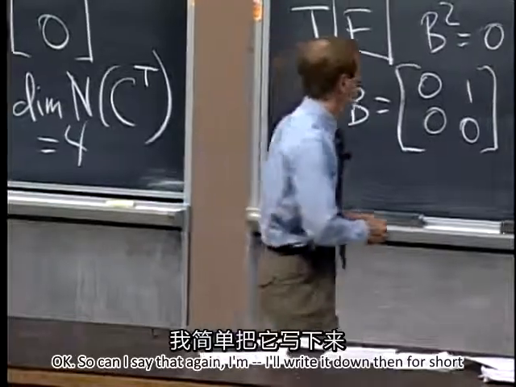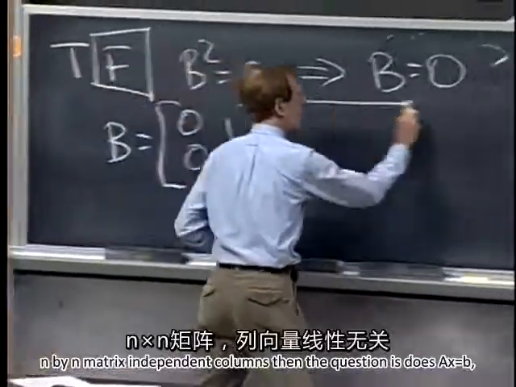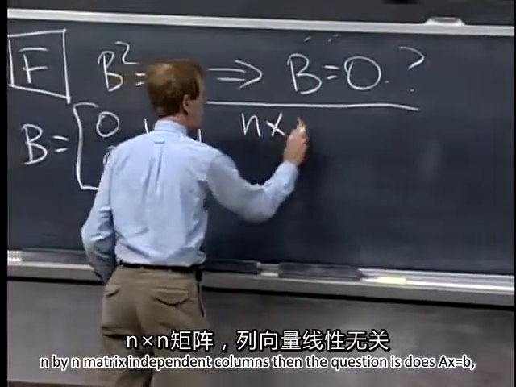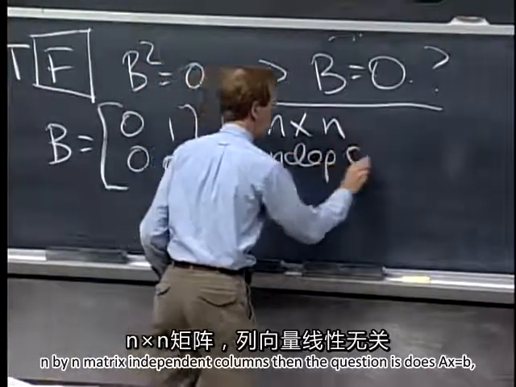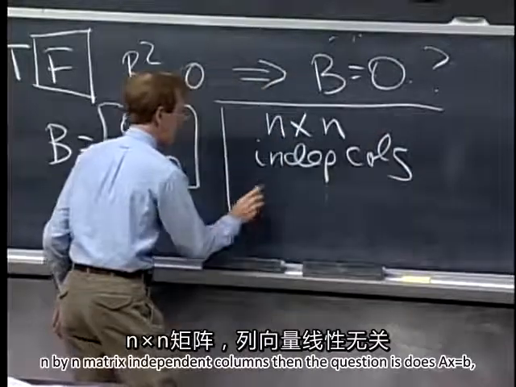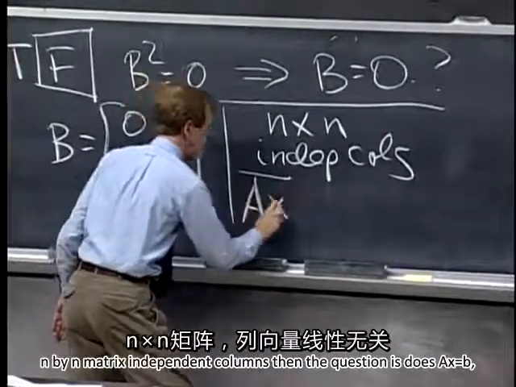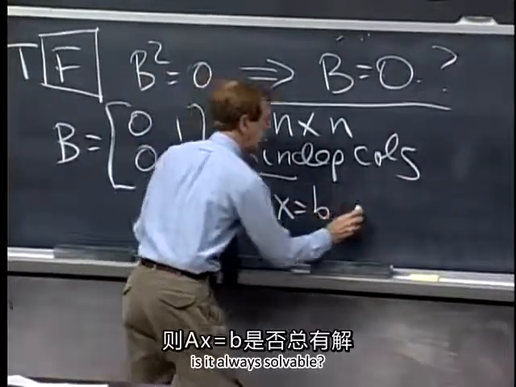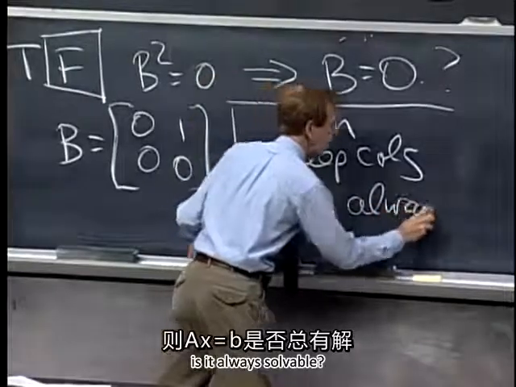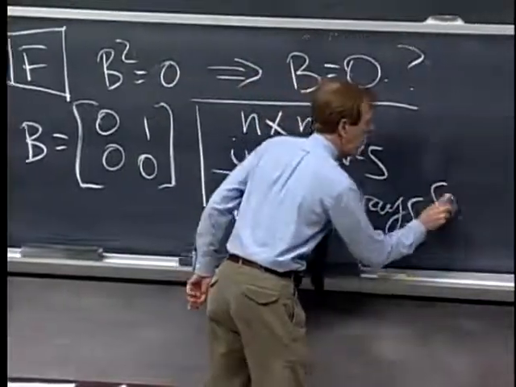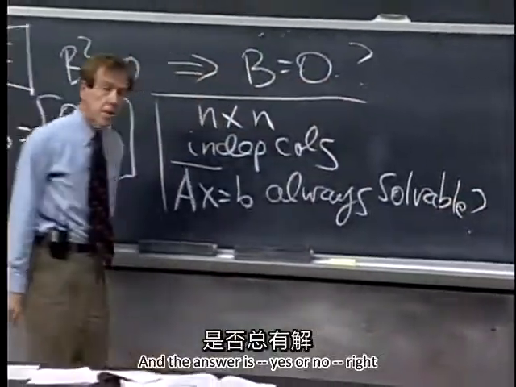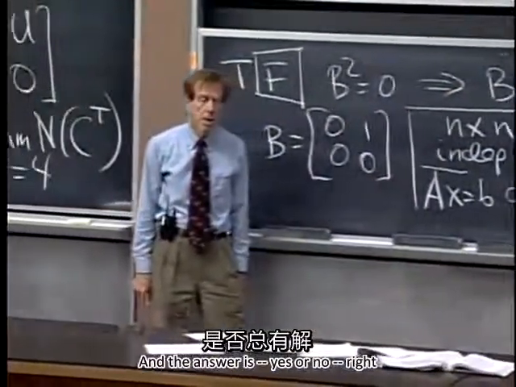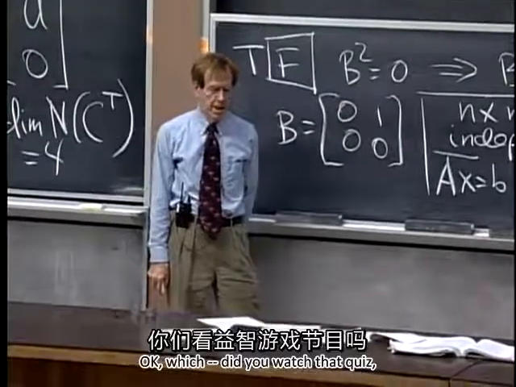It's an n by n matrix with independent columns. Then the question is, does Ax equal b? Is it always solvable? And the answer is yes or no.